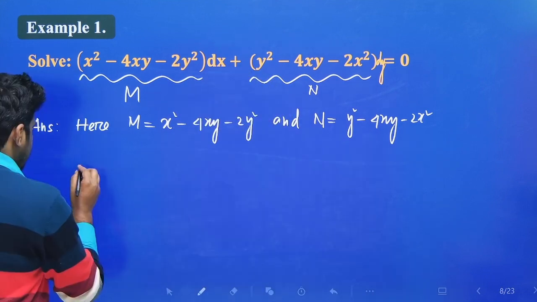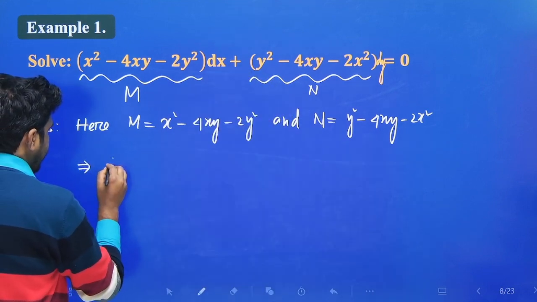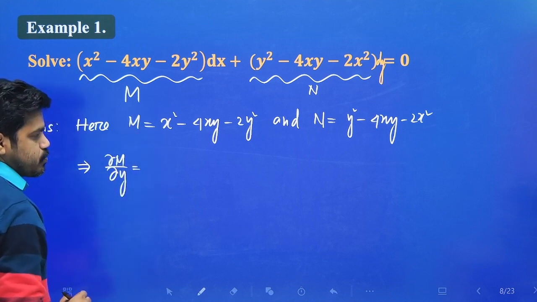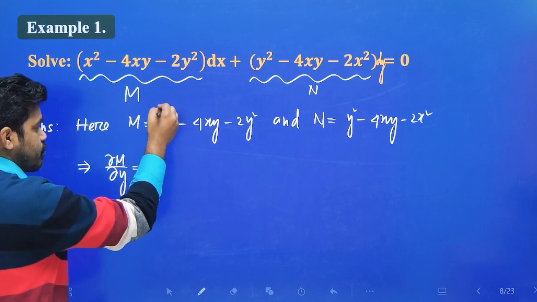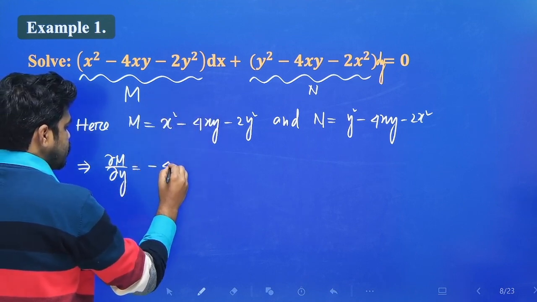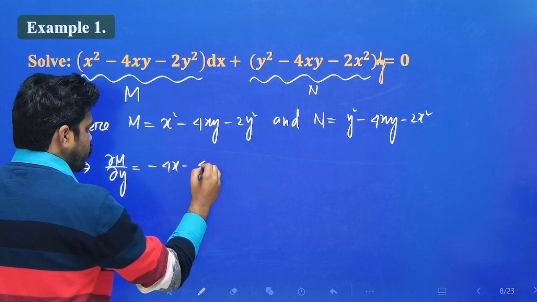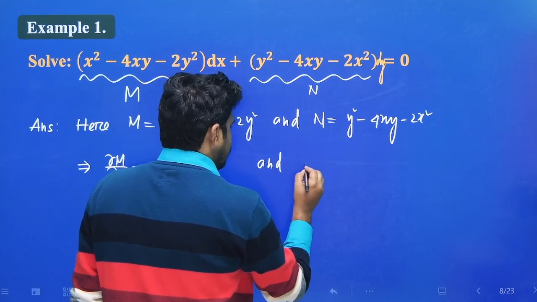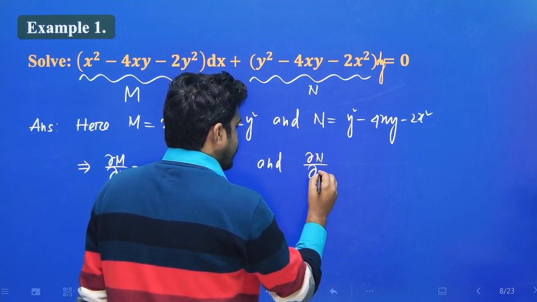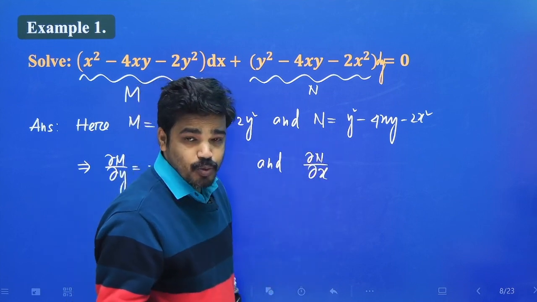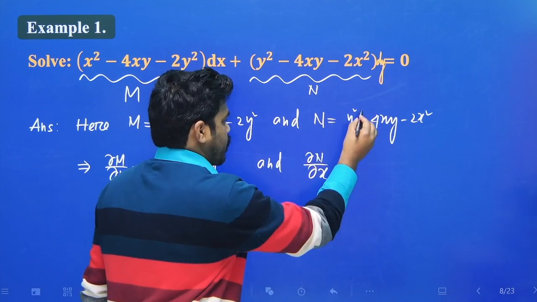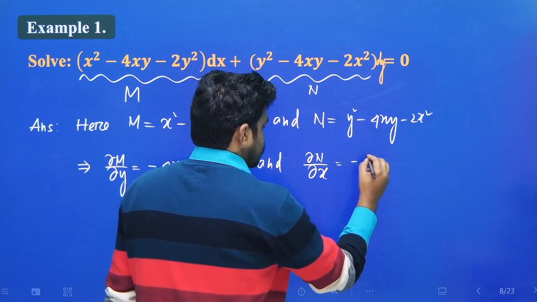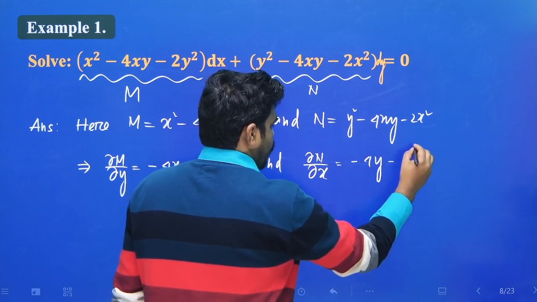So this implies ∂M/∂y. When you differentiate M with respect to y, x is constant, so that term is 0, so we get −4x − 4y. So this is ∂M/∂y. And ∂N/∂x: when you take the partial derivative of N with respect to x, y is assumed to be constant, so that term is 0, okay, so we get −4y − 4x.